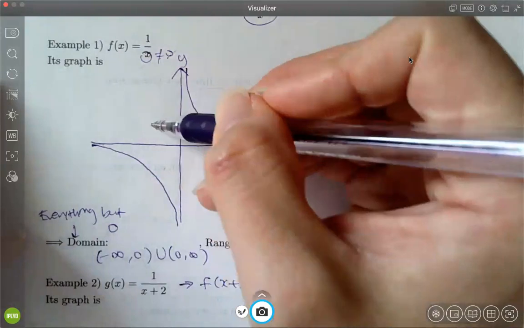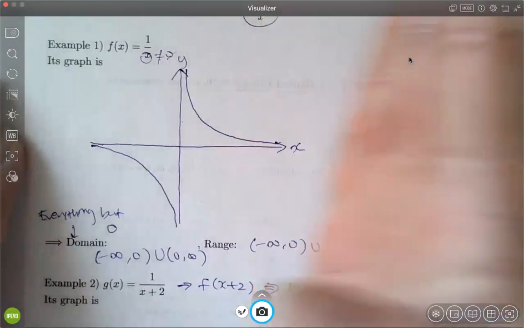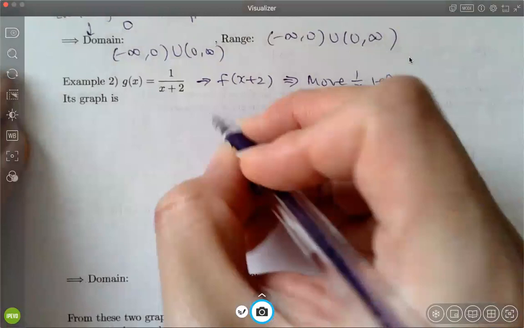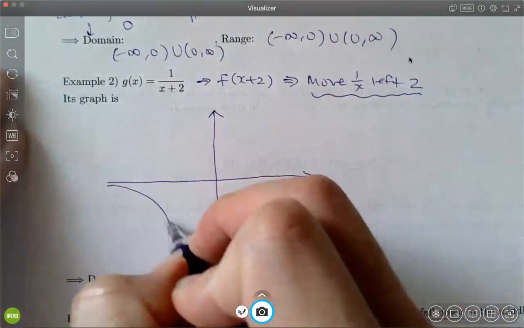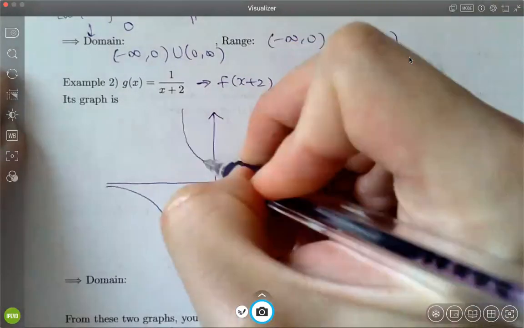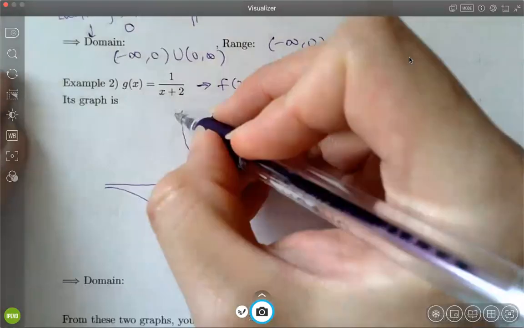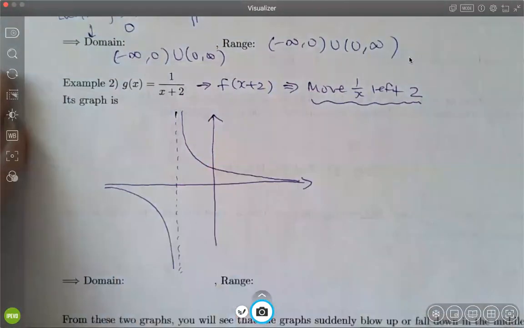Because you have to push this entire graph to the left. Okay, so it looks something like this, right? Okay, so now there's this kind of invisible separating line in the middle of these two curves, which is no longer the y-axis, right? Because we have been shifted to the left side by 2.